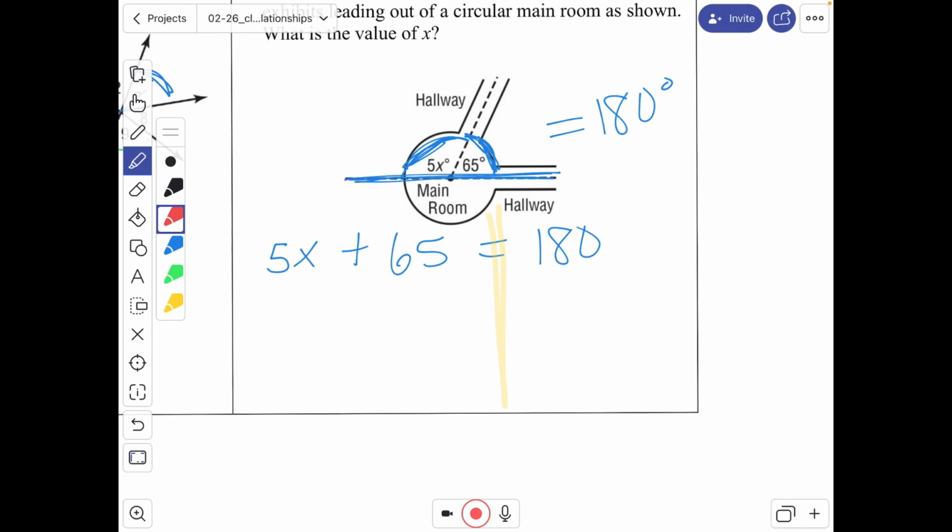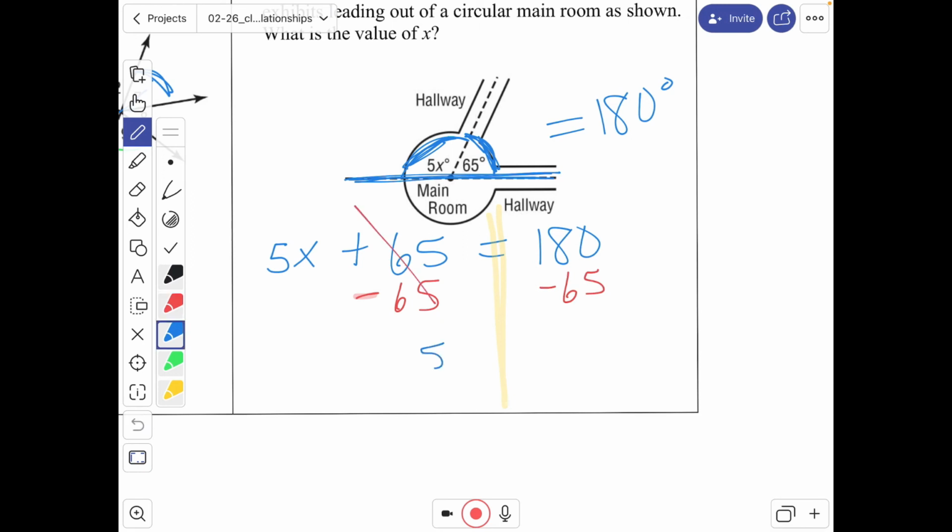So the first thing we do is move the constant by doing the opposite. We're going to subtract 65 from both sides. The 65's cancel. 5x comes straight down. And 180 minus 65 is 115. The next thing we do is divide by 5 on both sides.